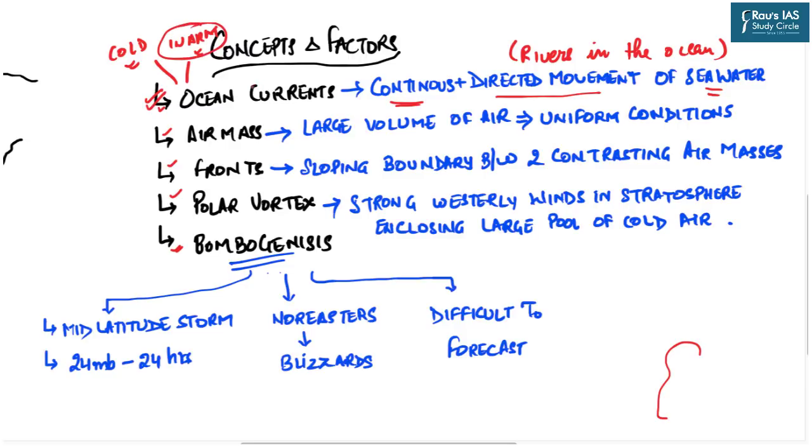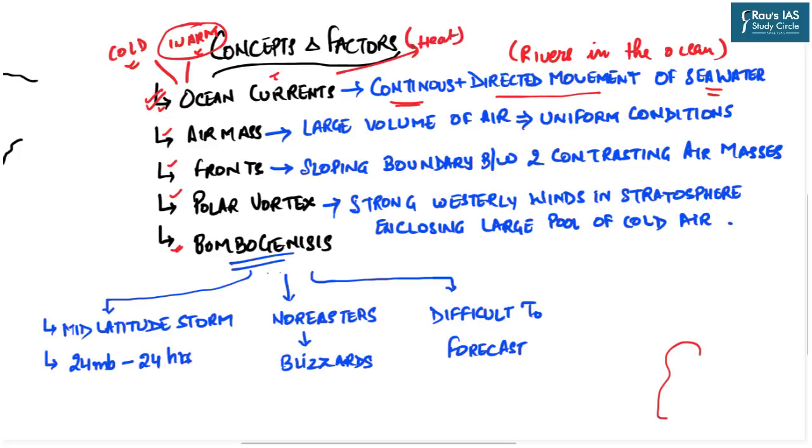Now there are several factors behind the origination of the ocean currents and further the modification of the ocean currents. Here we are not going into details of the ocean currents, but for the sake of understanding, let us take one factor which is responsible for the origination of the ocean currents, which is the solar heat.